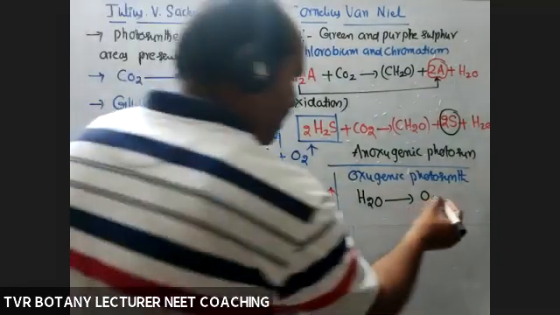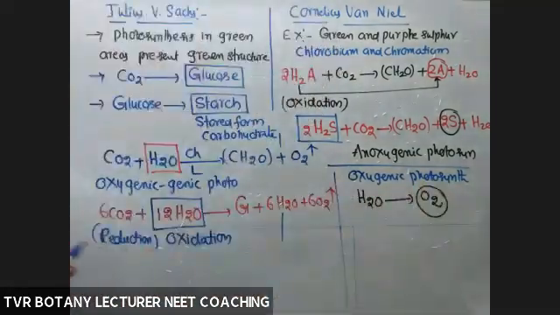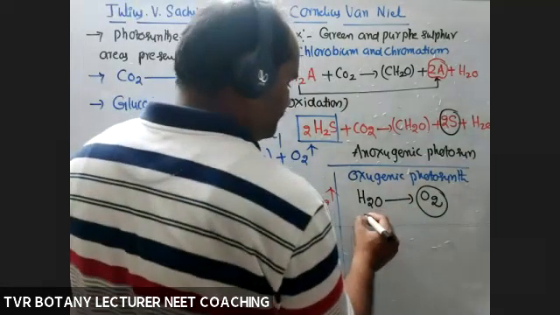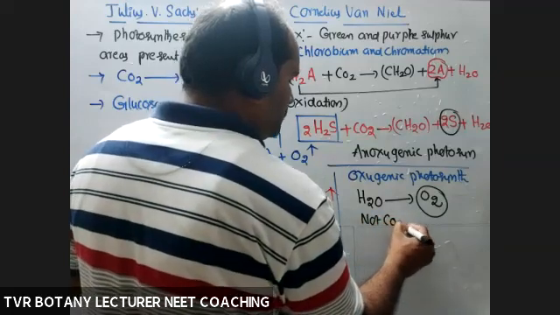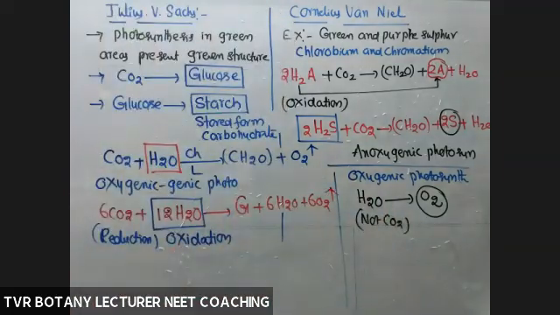So in the case of oxygenic photosynthesis, O2 was evolved from H2O, not from CO2. So he demonstrated that in oxygenic photosynthesis, the hydrogen donor is H2O. That's why O2 was evolved. That O2 is coming from H2O only, not from the CO2.